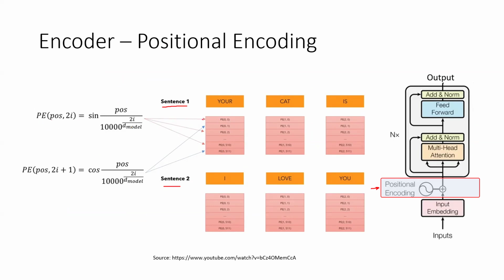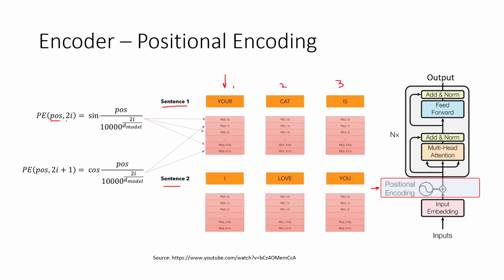The first positional encoding is known as PE(0,0). The first parameter is the position, whether it is 1, 2, or 3. These are the positions.